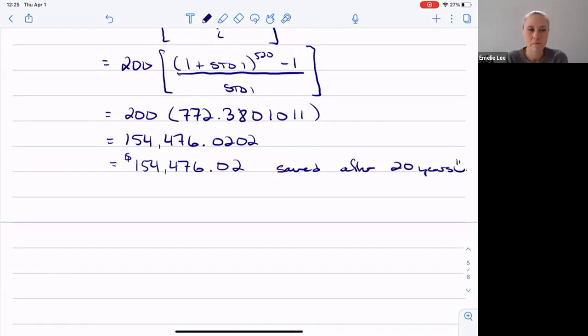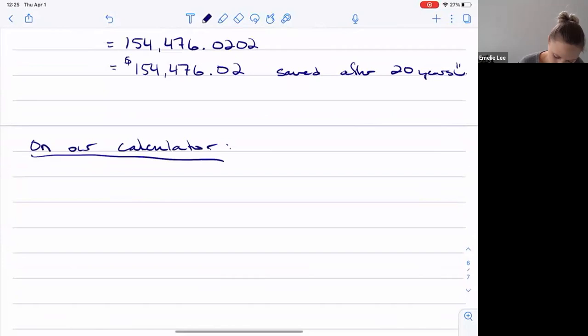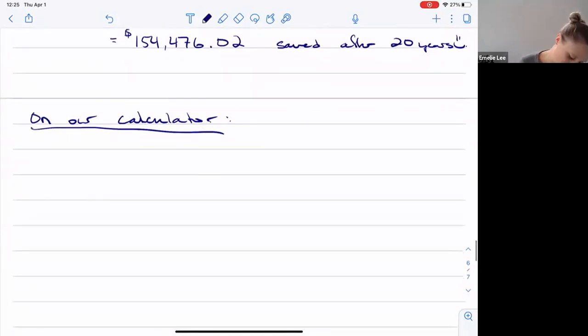Okay. How about on our calculator? On our calculator, again, we have to list all our inputs, and later I'm going to copy and paste them because it gets really tedious and because I can.